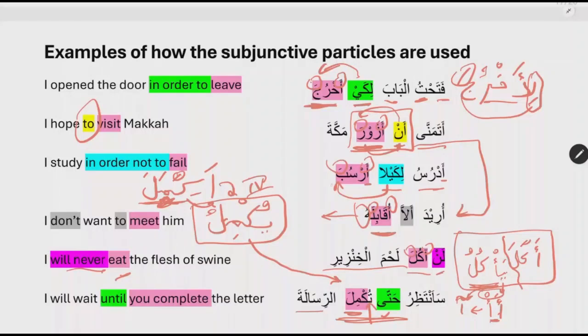In other forms like this, uqabila is a form 3 verb, and this one takes a dhamma, to show the difference from the first form. And likewise here, akmala is a fourth form verb, and therefore it takes a dhamma here as well. So these two were kind of exceptions to the form 1 examples that we used. It's just the one vowel change, but essentially the rule is still the same. There's a fatha there, there's a fatha there to show that it's the subjunctive verb.